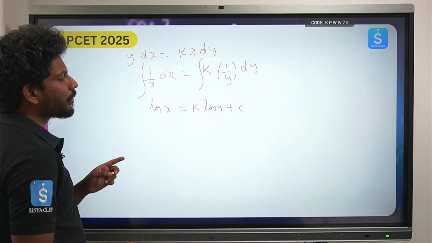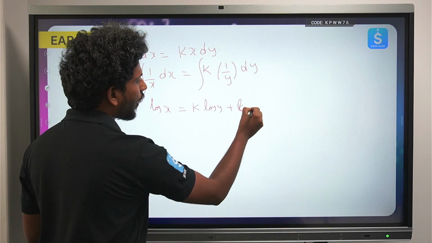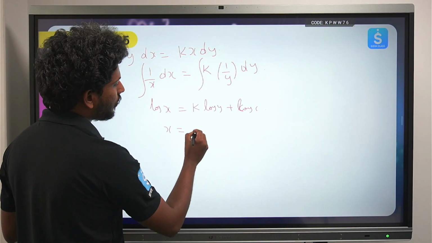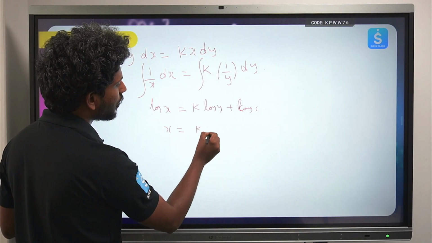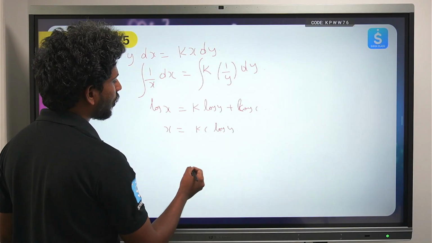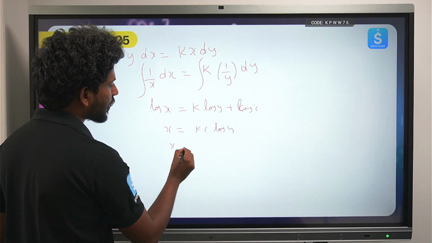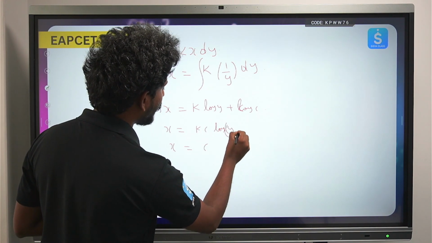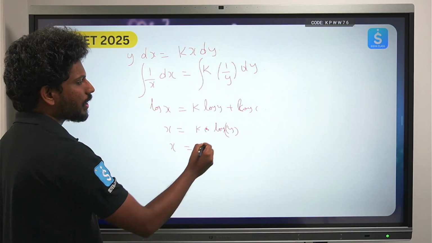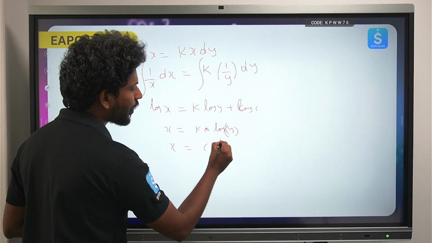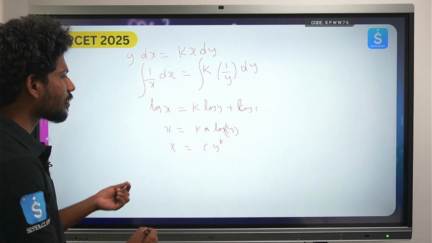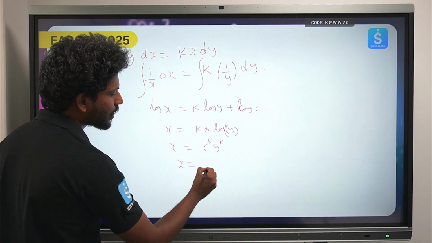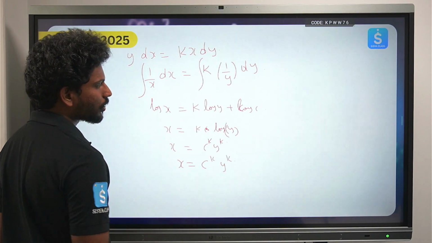So from here you can just write the constant as log c in fact. So log x equals log c plus k log y, so x equals c y power k. That is what the whole meaning is.